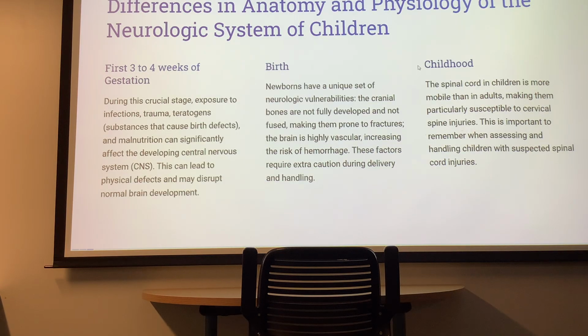Okay. And then in childhood, we're seeing that their spinal cord is more mobile than in adults, making them very susceptible to injury. So they've gone diving, they've hit something, they've had some sort of bike accident. They've got shaken baby, right? Something that we'll talk about. Okay, all puts them at unique differences for neurologic issues.